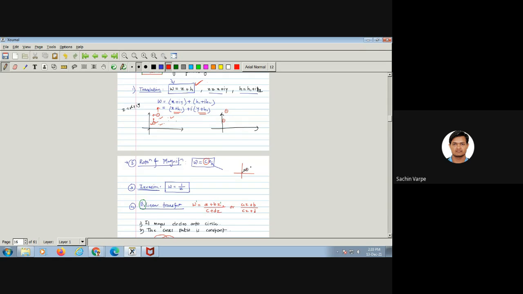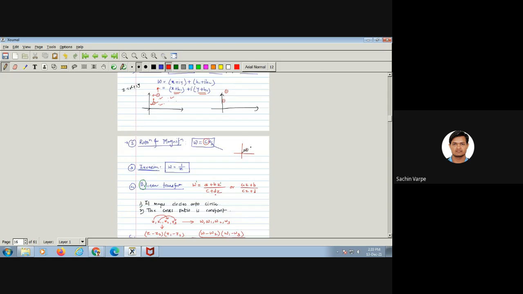If we consider a as a complex number, then the sum of two complex numbers is nothing but a translation. If b is a complex number and z is a complex number, then b into z is a rotation or magnification, right? And 1 upon a function of z is nothing but the inversion transformation. So bilinear transformation is a combination of translation, rotation, and inversion.